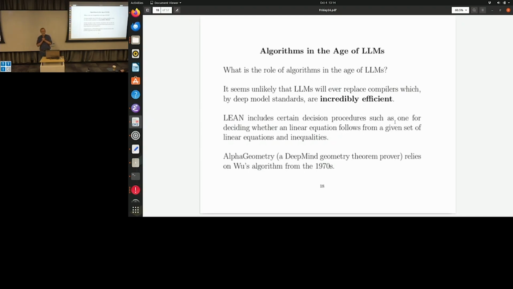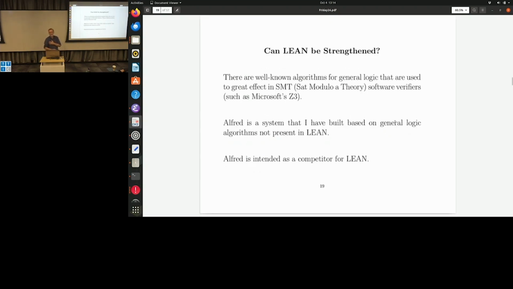what's the role of algorithms going forward? And what I'm really interested in is, can Lean be strengthened? So I've been trying to build a competitor for Lean, and I'm calling it Alfred. I'm trying to take a classical algorithmic approach. Can we have better algorithms for logical inference?